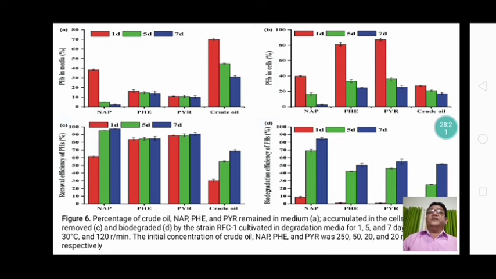The amount of petroleum hydrocarbons remaining in the degradation medium inoculated with mycelial suspension decreased substantially on day 1, as you can see in figure 6a. Phenanthrene and pyrene decreased rapidly, but crude oil and naphthalene decreased slowly, especially after 1 day of exposure.